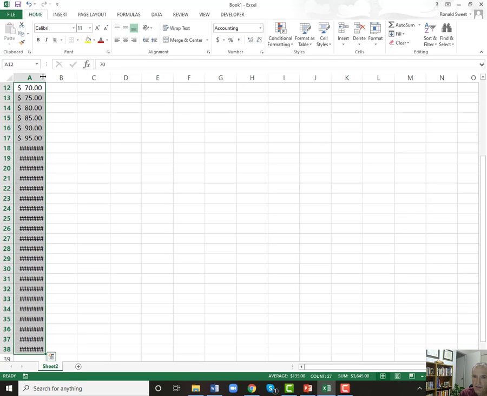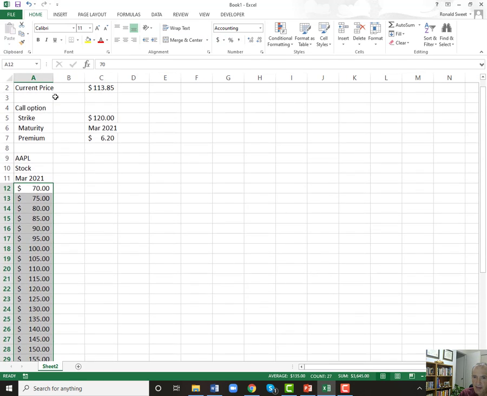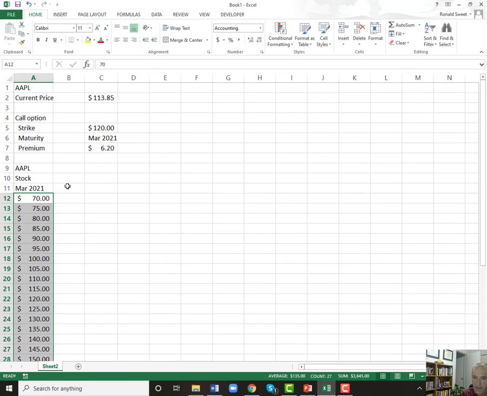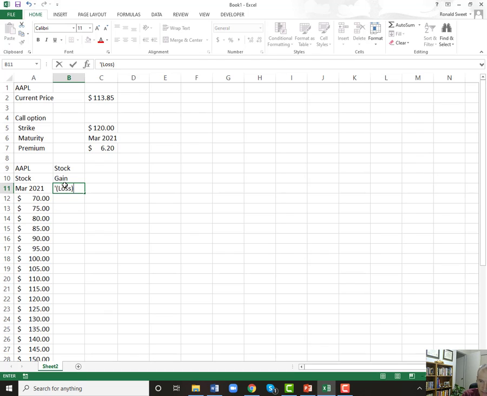That's at expiration. Now we know today Apple's trading for 113.85. So let's do the stock gain or loss. If you were to buy Apple stock for 113.85, where would you be as of March?